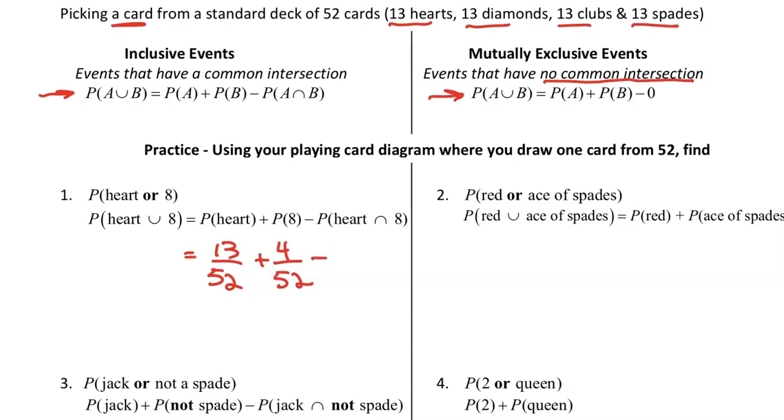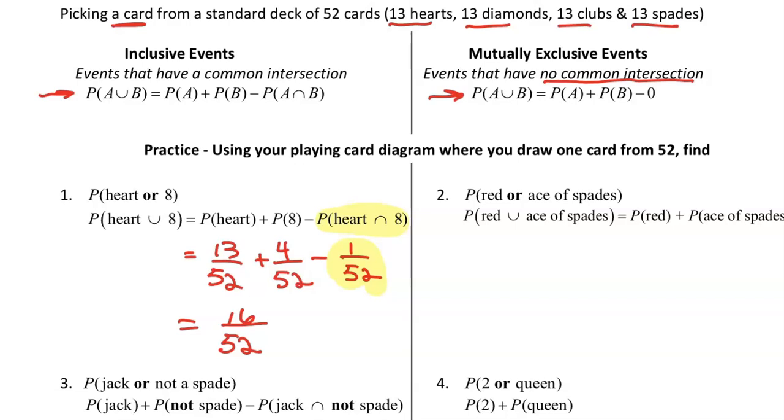And then a heart and an 8. Is that mutually exclusive or not? No, you can have a heart and an 8. So that's the 1 over 52. So that's going to give me not 17 over 52. If I said 17, I'd be double counting. I'm going to end up with 16 out of 52, and it's because this is the intersection. That's what they have in common.